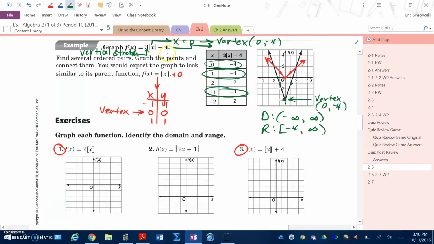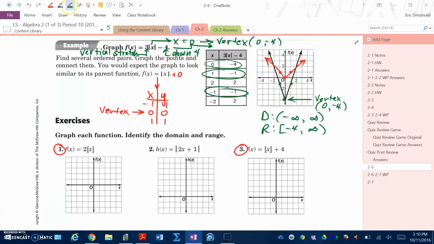And then we also have the negative 4, which we saw was the y-coordinate of the vertex. It's also telling us we're shifting down 4. So if we take the red function, vertically stretch it, and also shift down 4, we've got the black function. We are going to talk more about transformed graphs down the road, but on this particular example, you can see quite nicely how it takes shape.